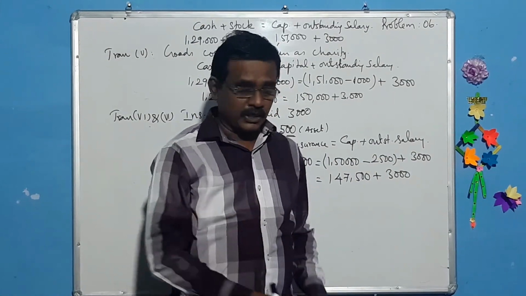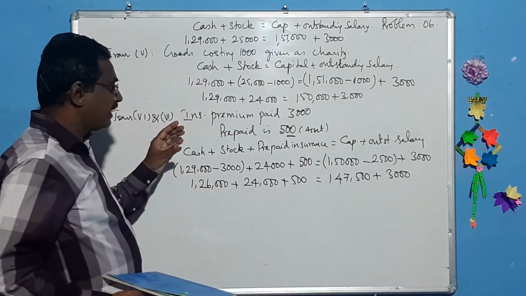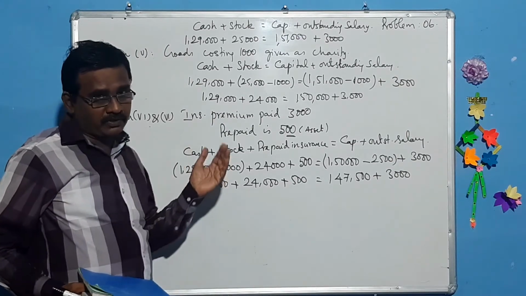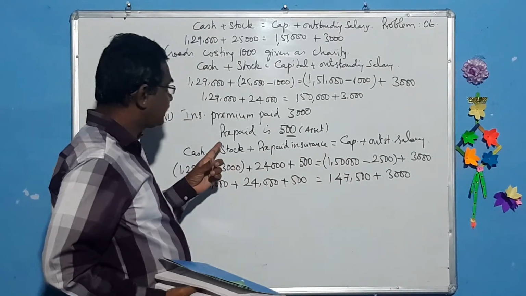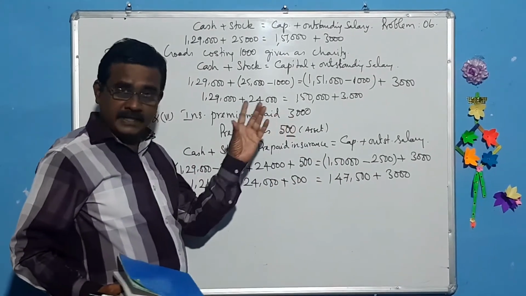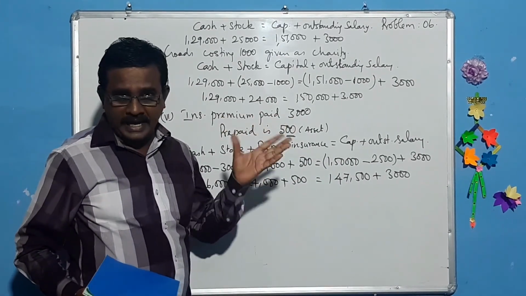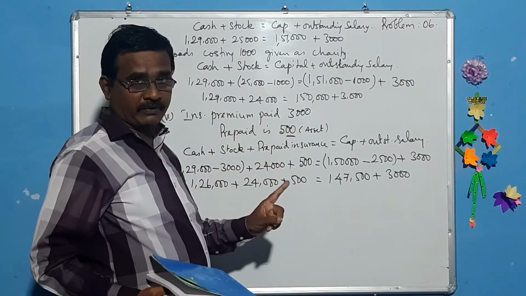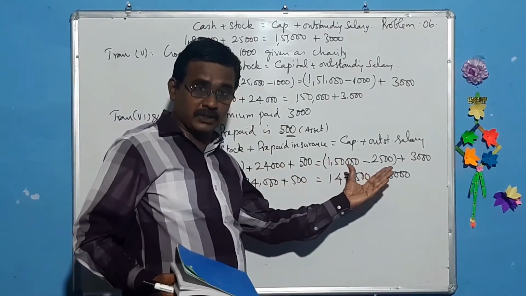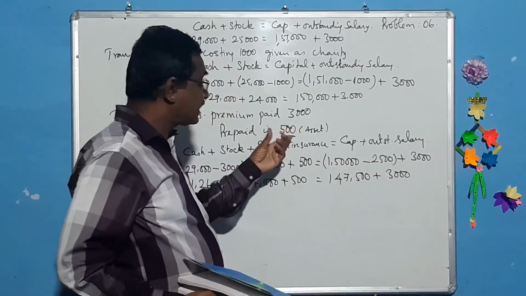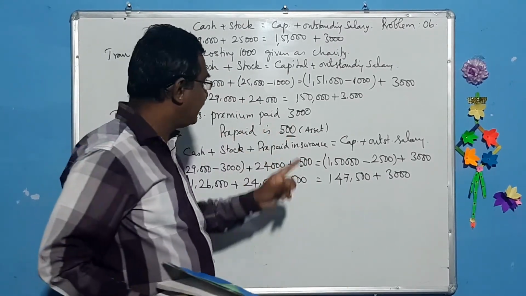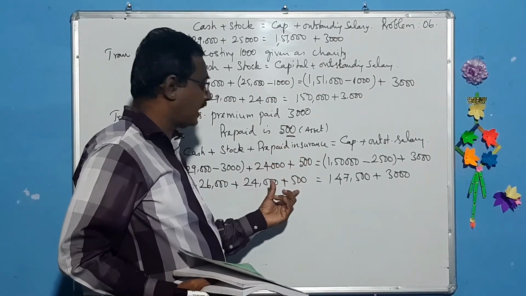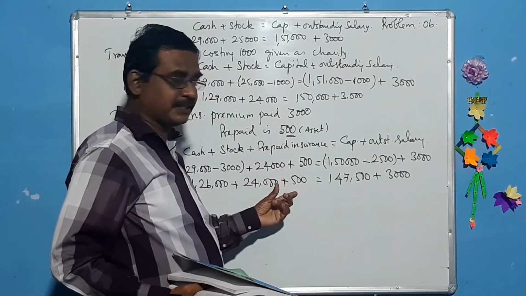And again, let me tell you, if cases are given like this, first you have to subtract the actual expense from the capital. In this sum, we have paid insurance premium 3,000, but the actual premium is 2,500. So only 2,500 should be subtracted, and the extra amount paid is a prepaid insurance premium, and that is an asset. So it is shown in the asset side as prepaid insurance.